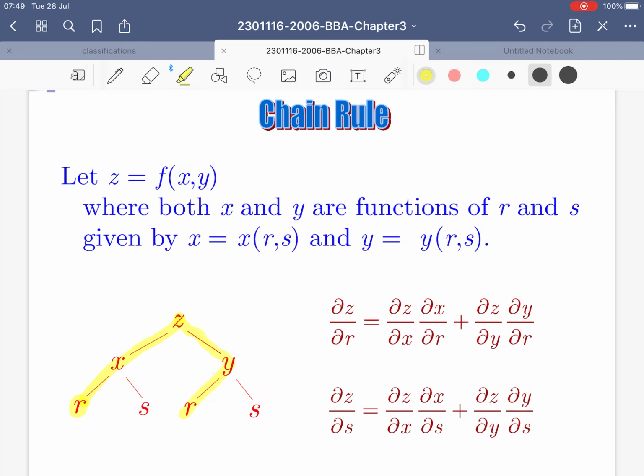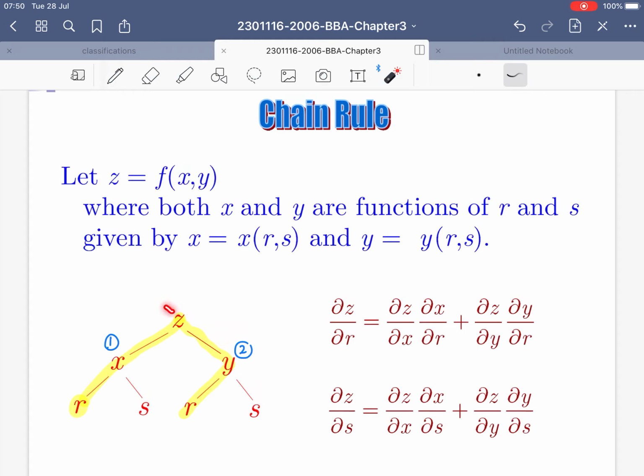The first way is to go through the x. The second way is to go through the y. So we are going to look at it as a combination of two possibilities that we combine together. For the first one, you just use the same old chain rule idea.